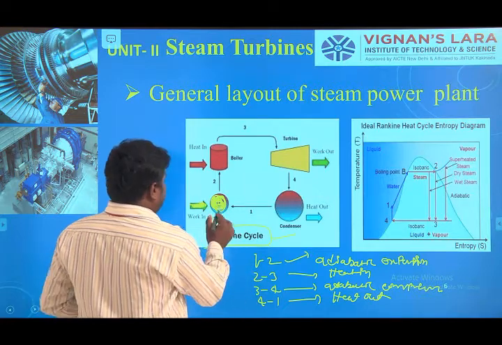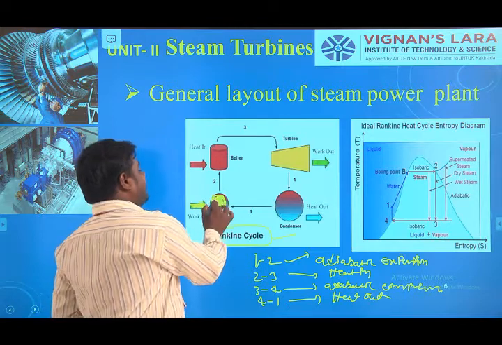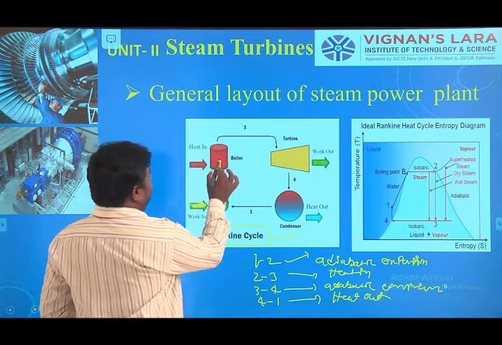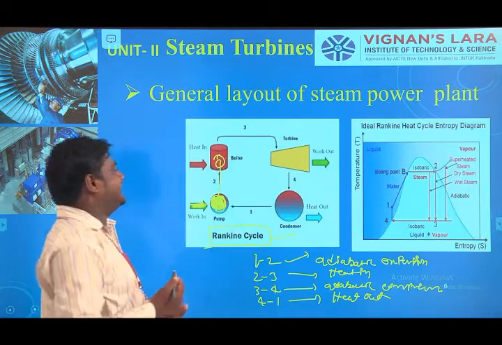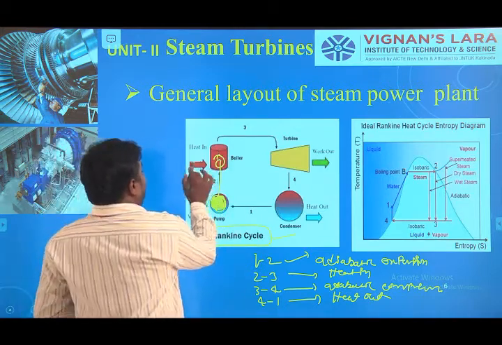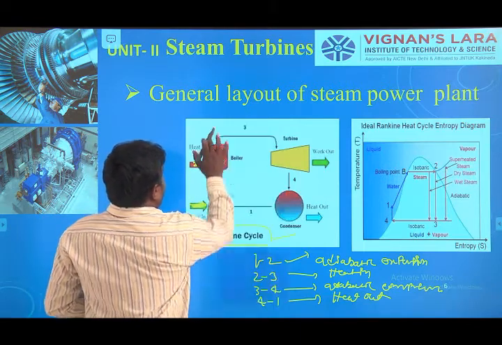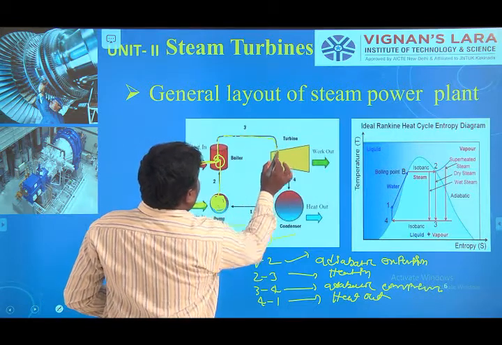With the help of the pump, water is sent to the boiler. Inside the boiler the heater is there, so heat in. When heat is added, the steam is sent to the turbine.